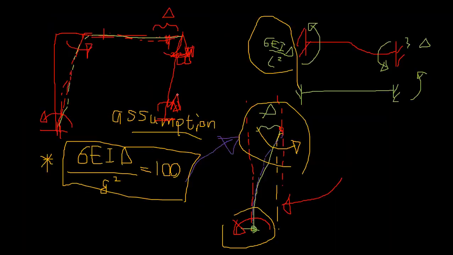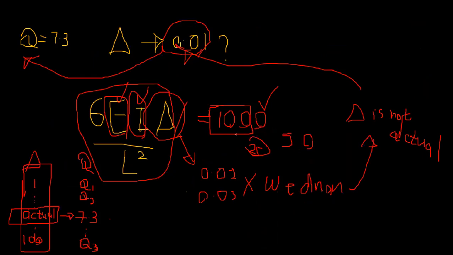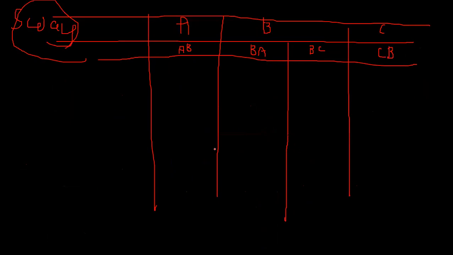So you have 6EI delta over y square, which we equate to 100. But we have anti-clockwise, so actually it is minus, so that's going to be minus 100. This is the value 6EI delta over y square. Please don't take it without the sign, then it is more convenient because you know the direction.